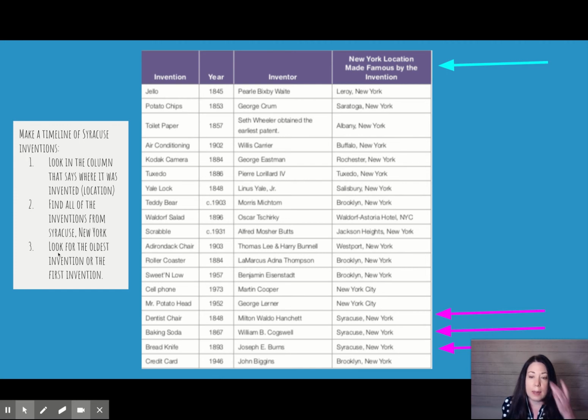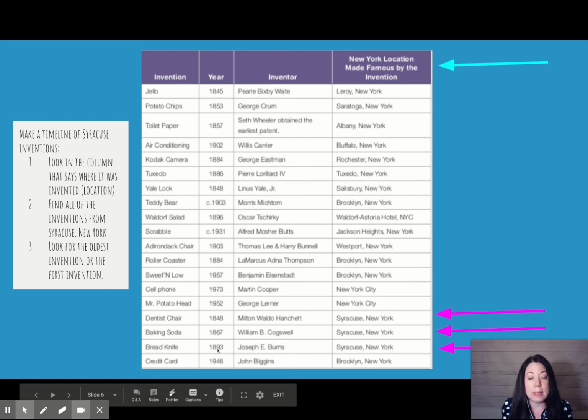Number 3. Now we're going to look for the oldest invention. That's going to be the first invention. And remember, the oldest invention is the smallest number. So I'm looking across here. This says year 1848. Okay, 1867. Wow, 67 is more than 48. So this happened after 1848.